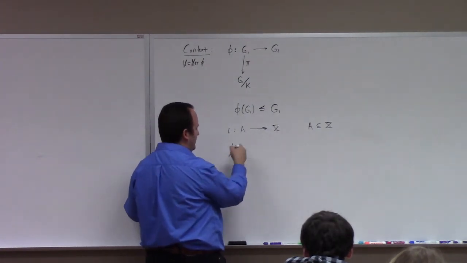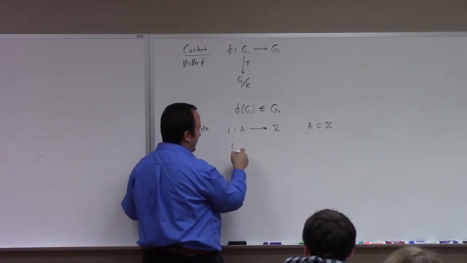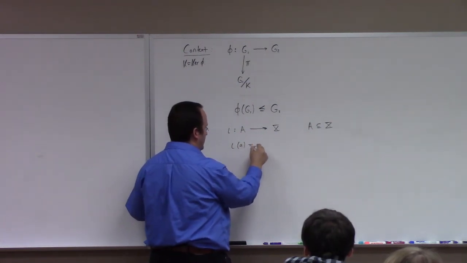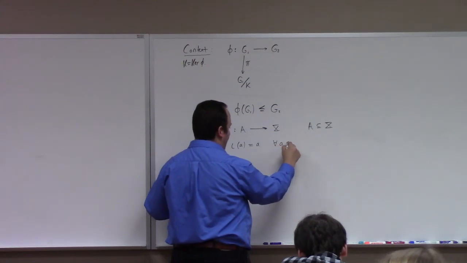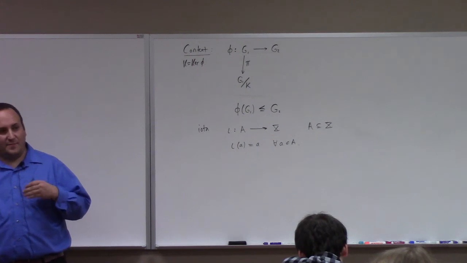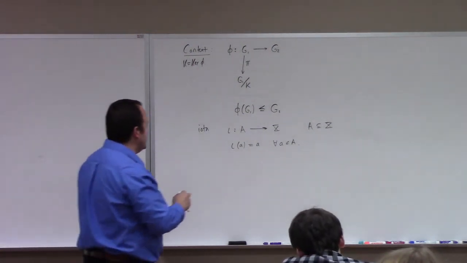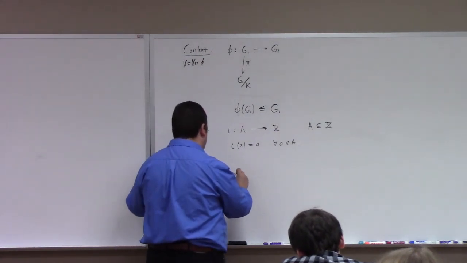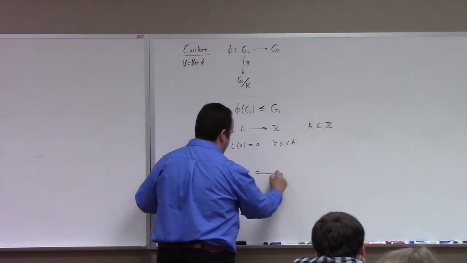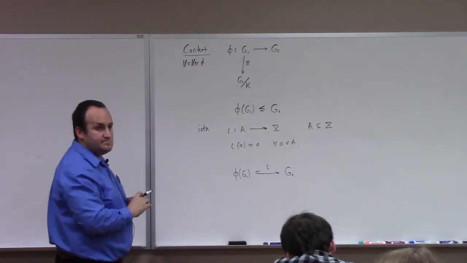This is actually an iota. And so the way it works is just this: iota of a is equal to a for all a in A. It's a very boring map. It gives you a mapping from a subset to a superset, just like that. So I can include phi of G1 into G2 with this map, right?